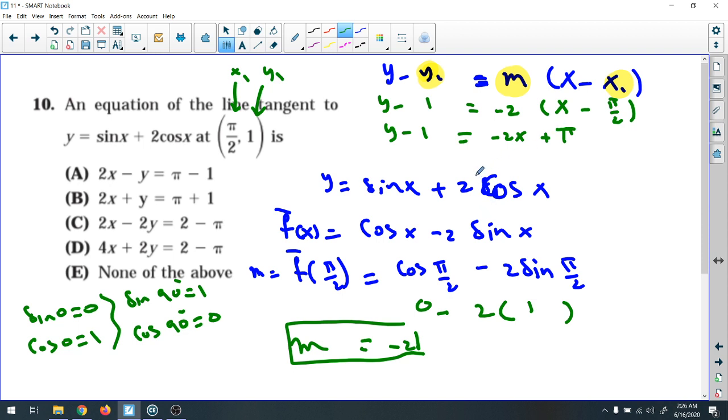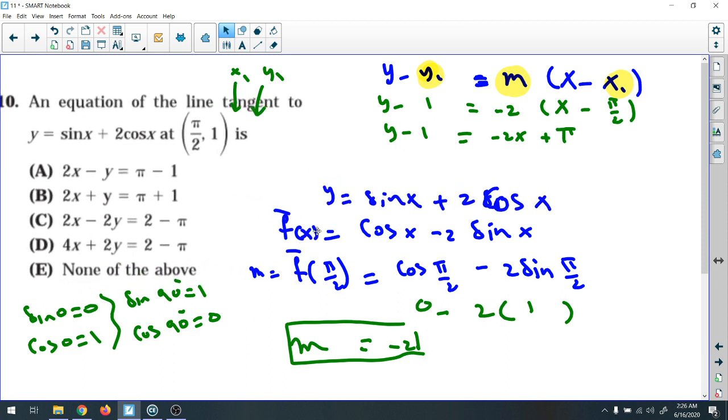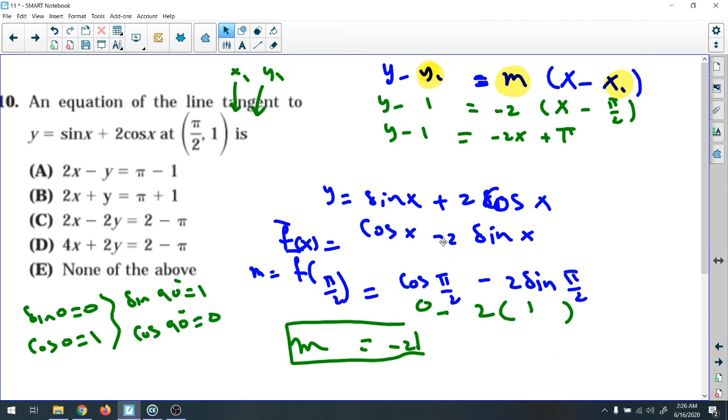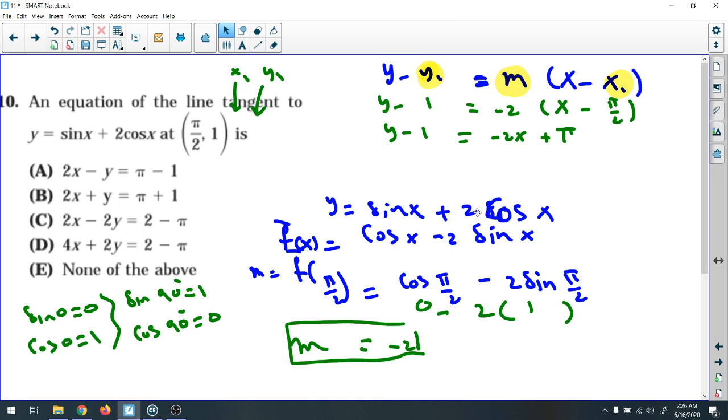Now you look at the choices here. So we move negative 2x to the other side, will be y plus, we add 2x, equals, and then we're going to move negative 1 to the other side, add 1, will be 1 plus pi, or pi plus 1.